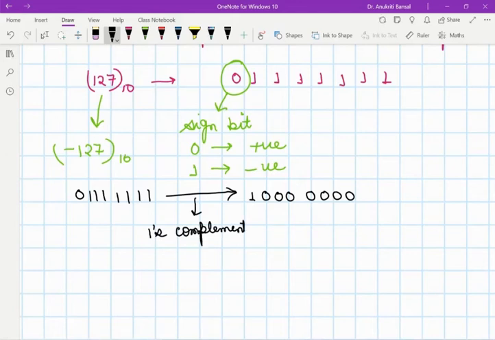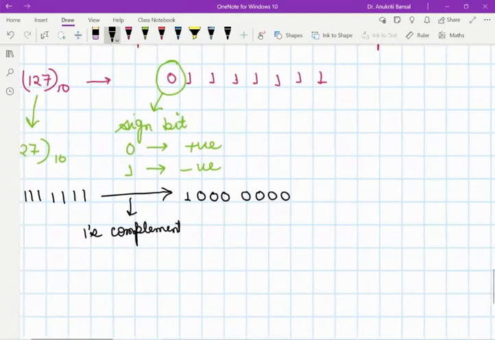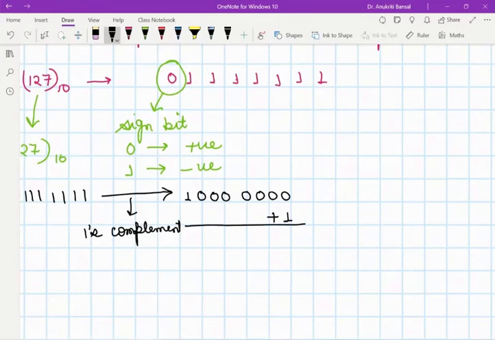Okay. Now we take 2's complement of this number, and to find out the 2's complement, we add 1. So what will be the number?